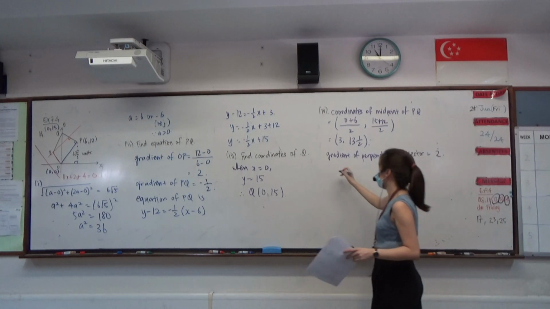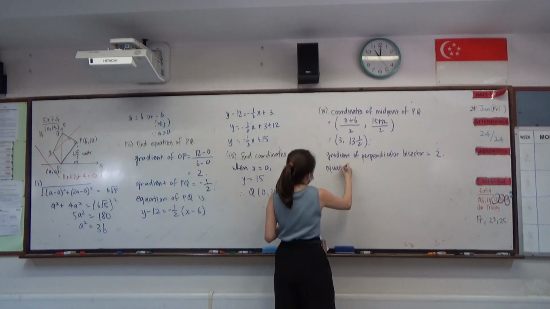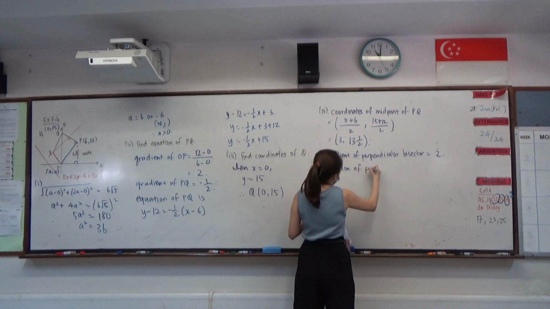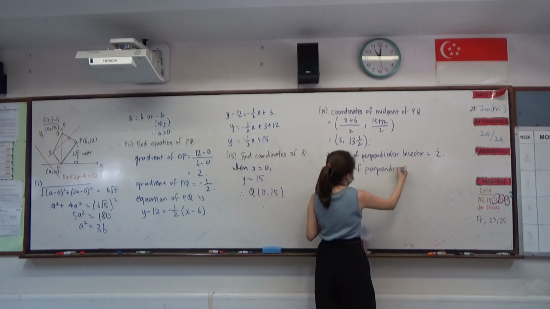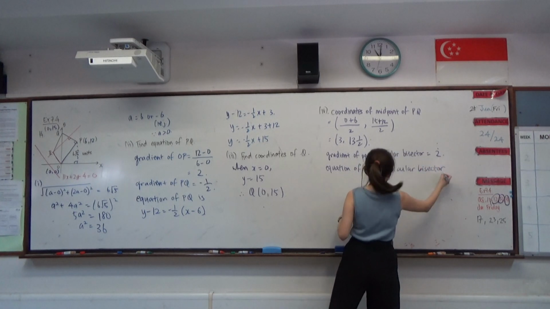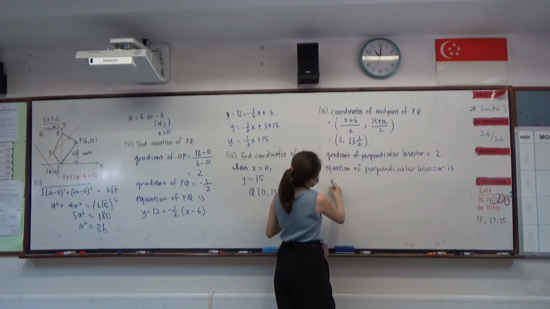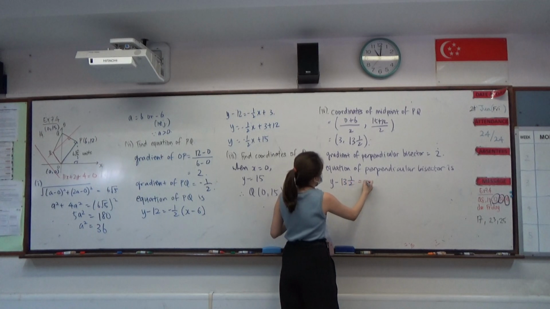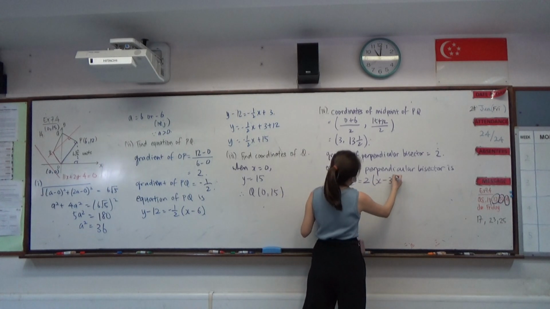So the equation of the perpendicular bisector would be y minus 13.5 equals 2 times (x minus 3).